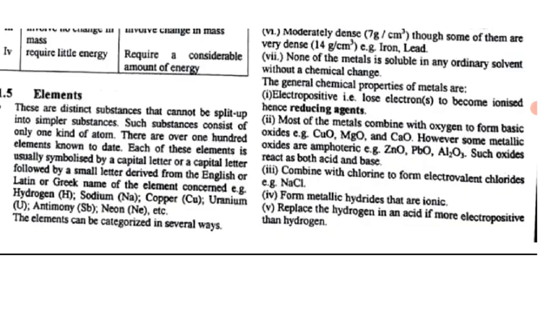So now each element consists of only one kind of atom. Now we are not saying that each element consists of one atom. There is a difference between consisting of one atom and consisting of one type of atom. For example, it can consist of one type of atom but have two of the atom. It can consist of one type of atom but have three of the atom.